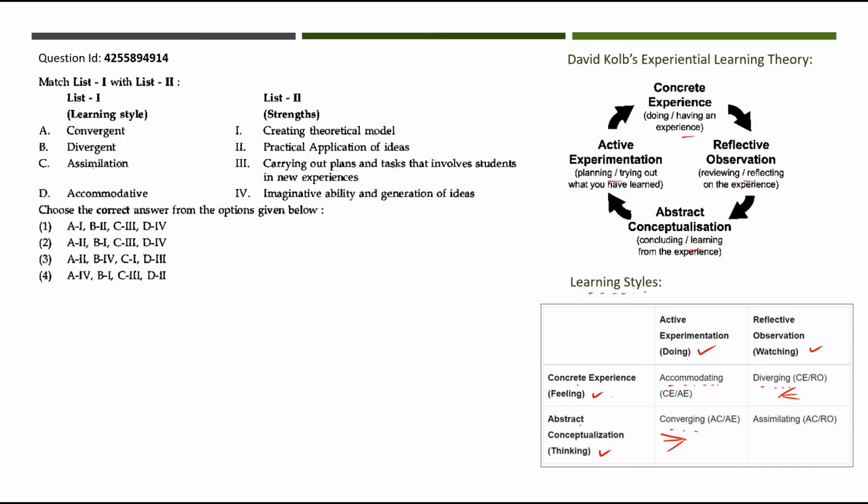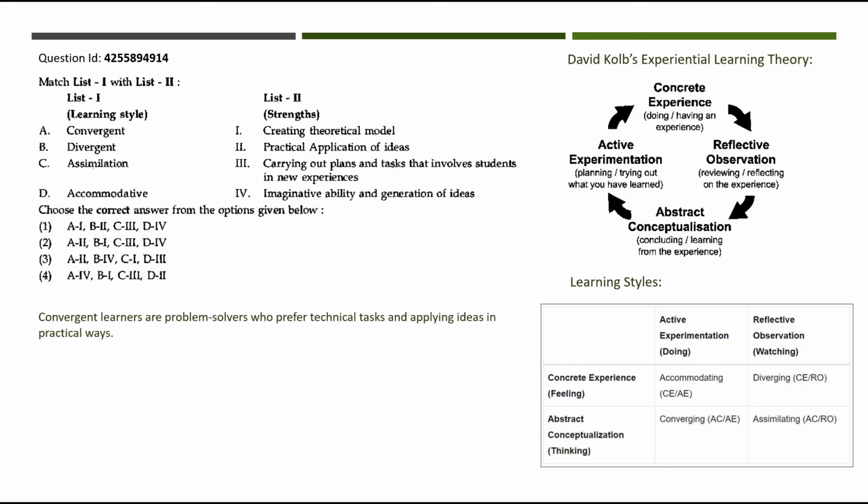Now you can get the meaning of all the learning styles and how they have evolved from learning theory key terms. In another question paper, these 4 terms can be replaced by the learning styles and they might ask you which 2 aspects of learning theory will contribute to this particular learning style. Now let's get into the matching.